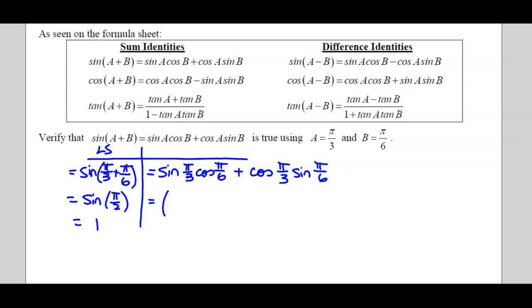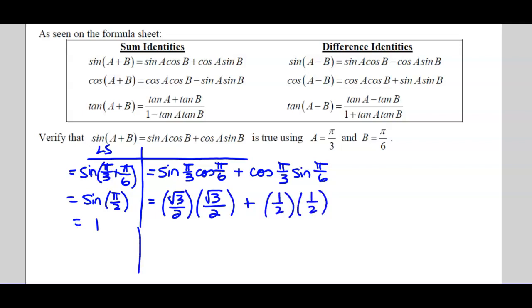So make sure you substitute it in correctly. Okay, so you can see that that does work.